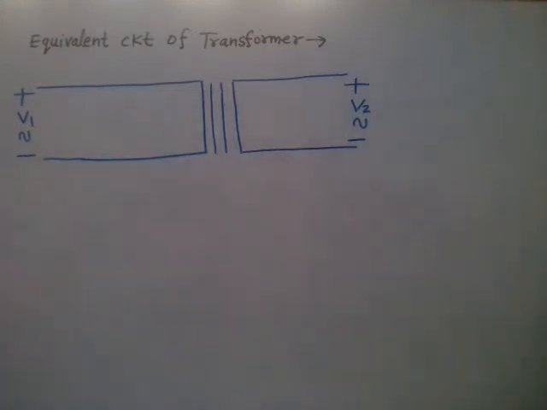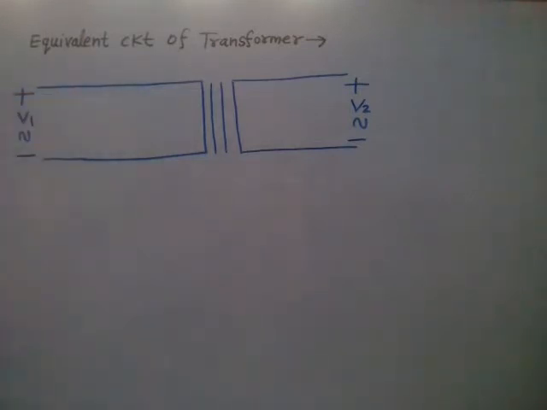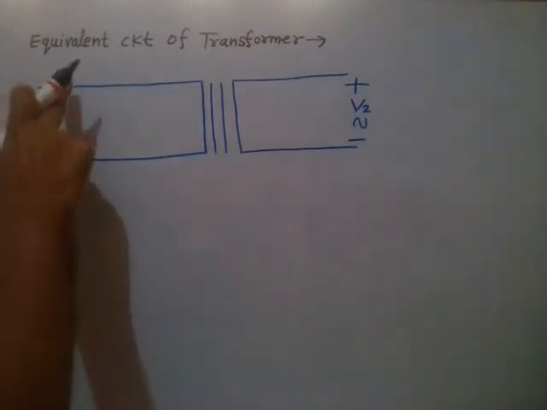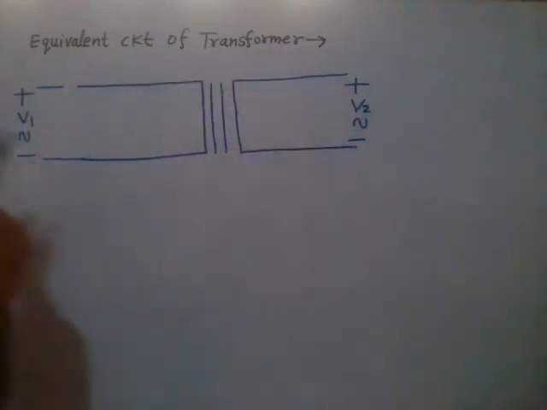So we are going to draw the primary winding electrical equivalent circuit, right? So here first of all you see that to represent the copper winding, primary copper winding, we will represent it by a small resistance R. First you make the circuit, right?